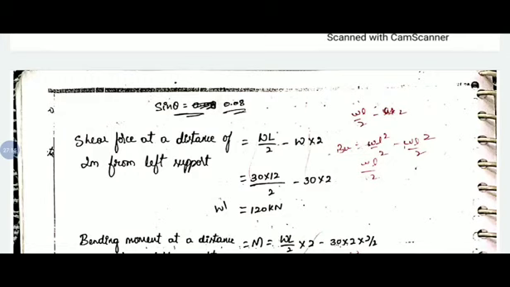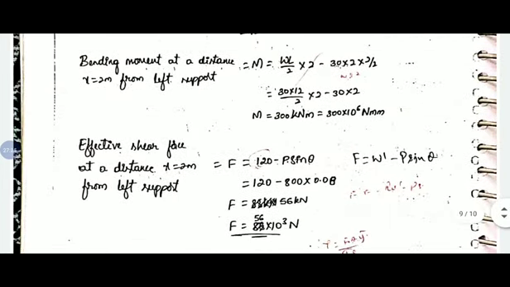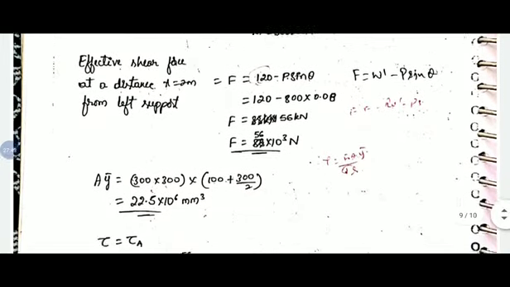But here we are moving 2 meter away from the support. So at that section 2 meter away from the support, what is the shear force? That is 120 kilonewton. So 120 minus P sin theta, the vertical component of prestressing force at that particular section. At that section the slope of the cable is 0.08. So P is 800 into sin theta, slope is given 0.08. On simplifying we will get 56 into 10 power 3 Newton.